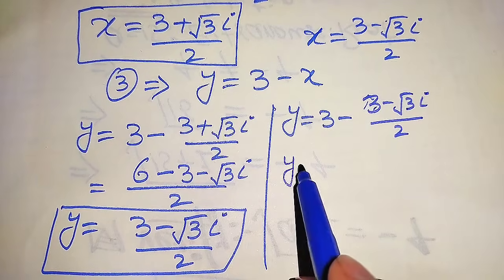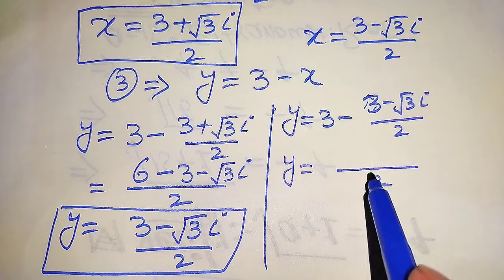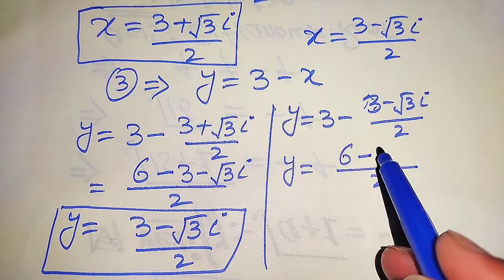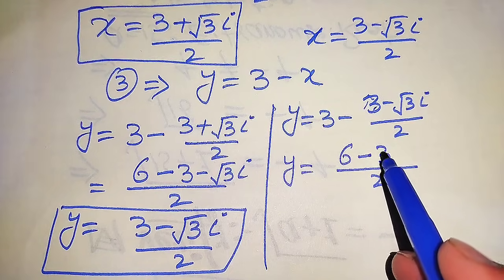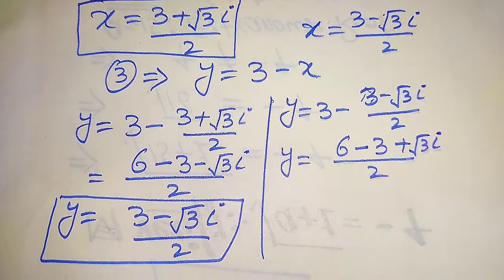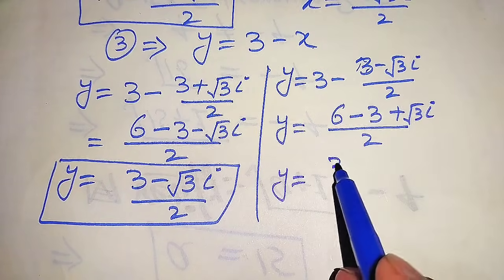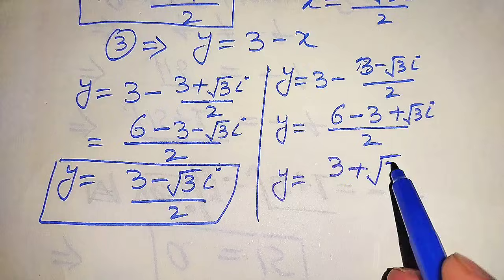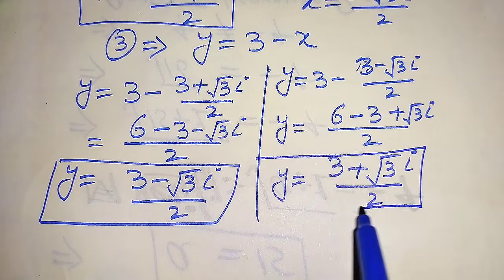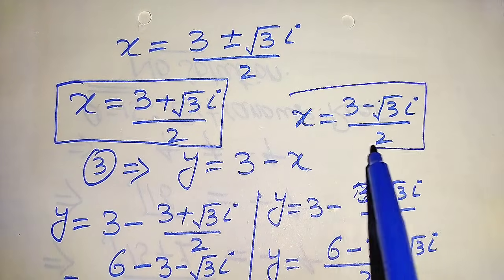When we take the LCM of this term it becomes 2, and we obtain 2 times 3 becomes 6, minus, the 2 and 2 are gone, and we multiply the negative sign here, and it becomes minus 3 and plus square root of 3 iota. Finally we get the value of y equals 6 minus 3 becomes 3 plus square root of 3 iota, divided by 2. This is the value of y corresponding to this value of x.